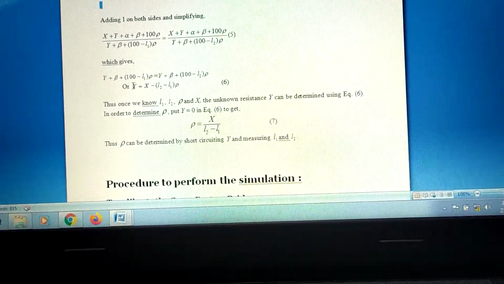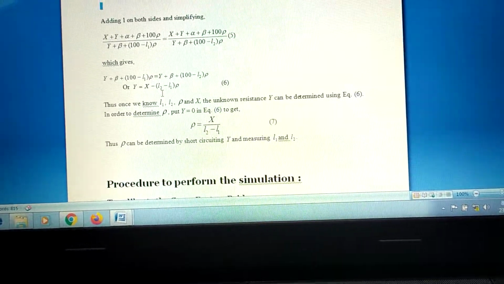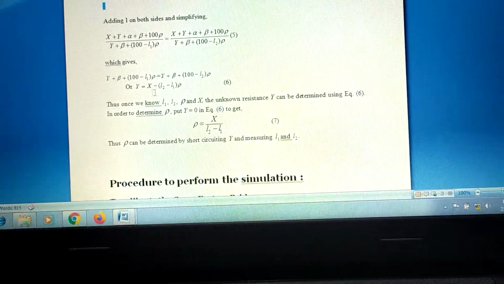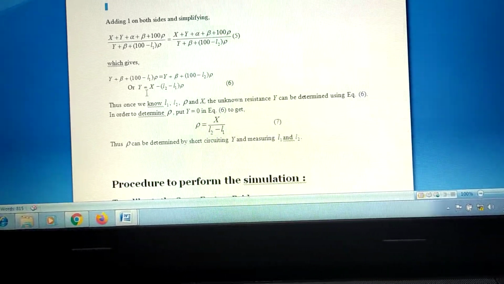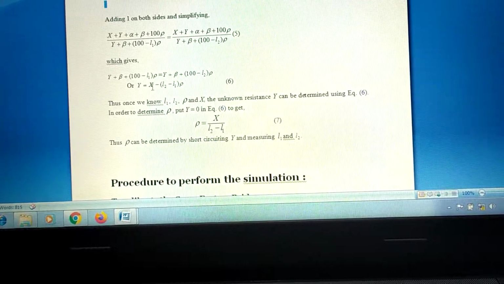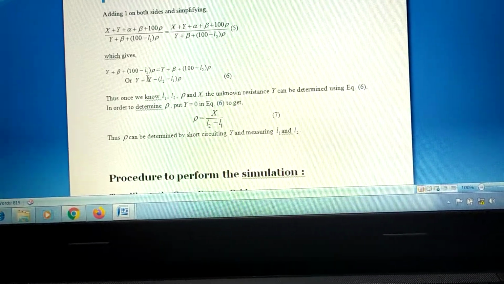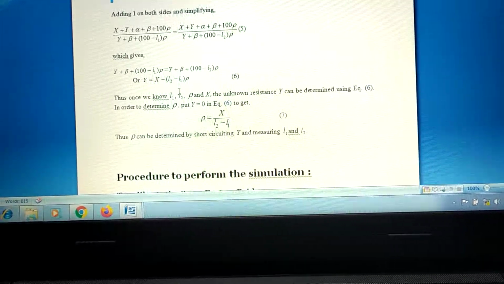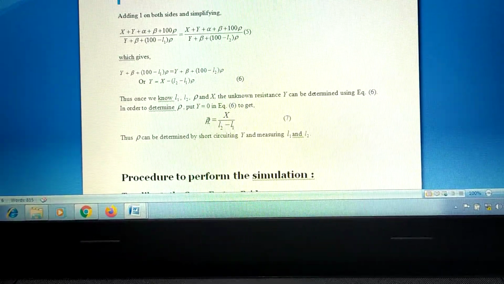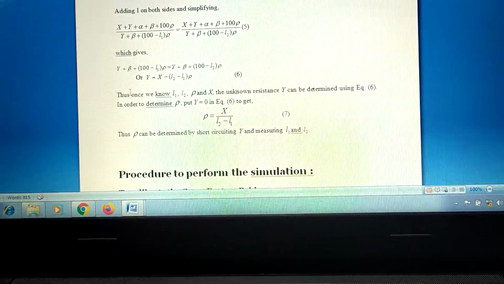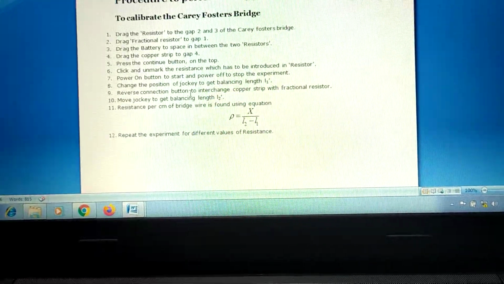And the working formula is Y equals X minus (L2 minus L1) into rho. Y is the unknown resistance and X is the applied resistance in the fractional resistance box used to determine the unknown low resistance. So you need to calculate these two things, that is rho and the unknown resistance Y. This is the procedure.